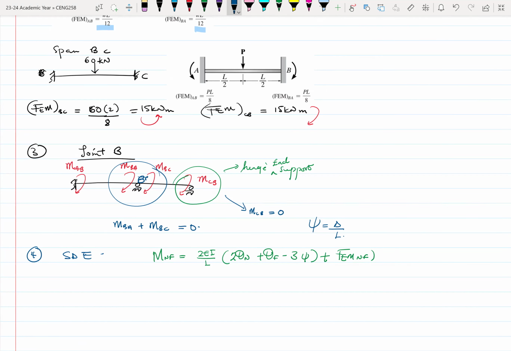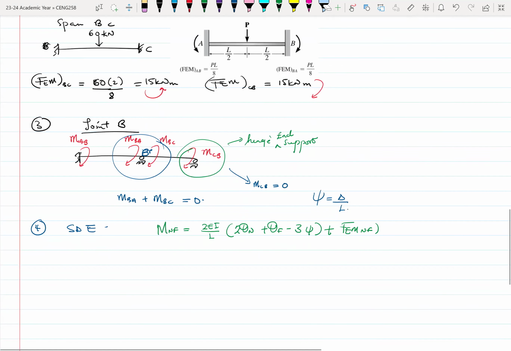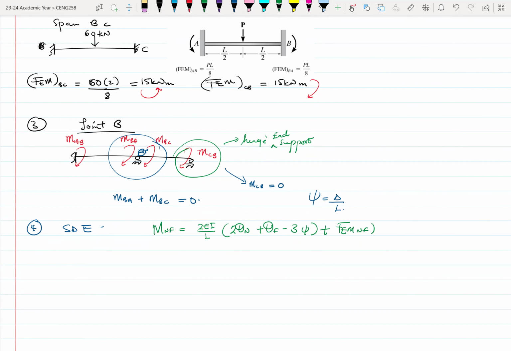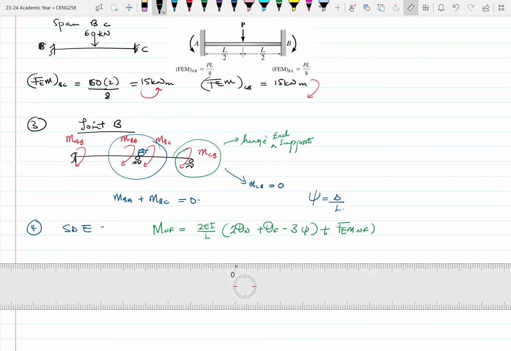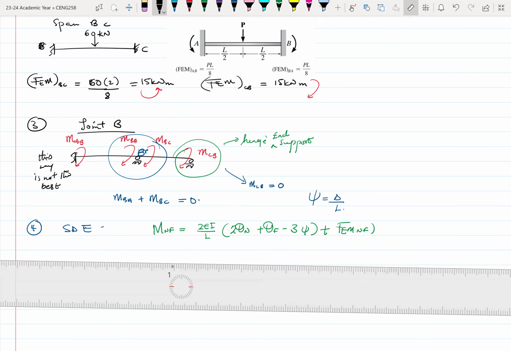Okay, so let's look at MAB. Before I do that, because there's going to be deflection, let me have a ruler here. Usually I wouldn't draw it this way. This way is not the best. Just take note. The best would have been this.